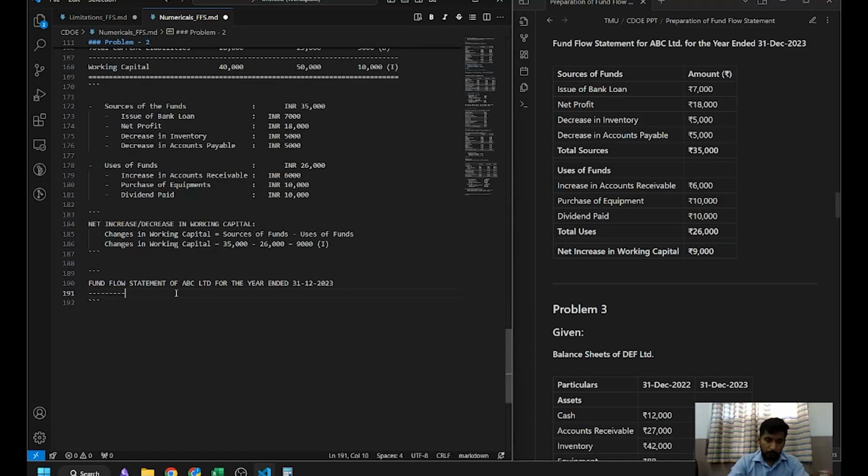So firstly, particulars and amount. And for the very first particular, it will be sources of funds.